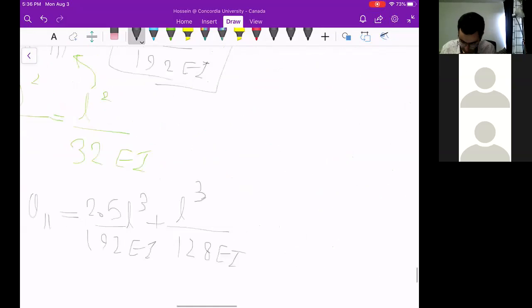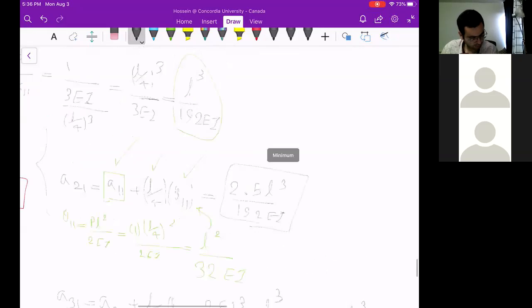Finally, at the end A31 would be 4 L cubed over 192 EI. So just simply plug in here.